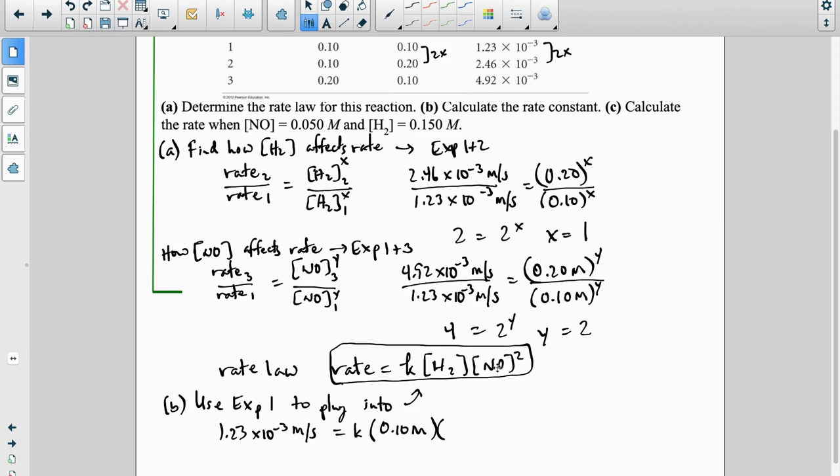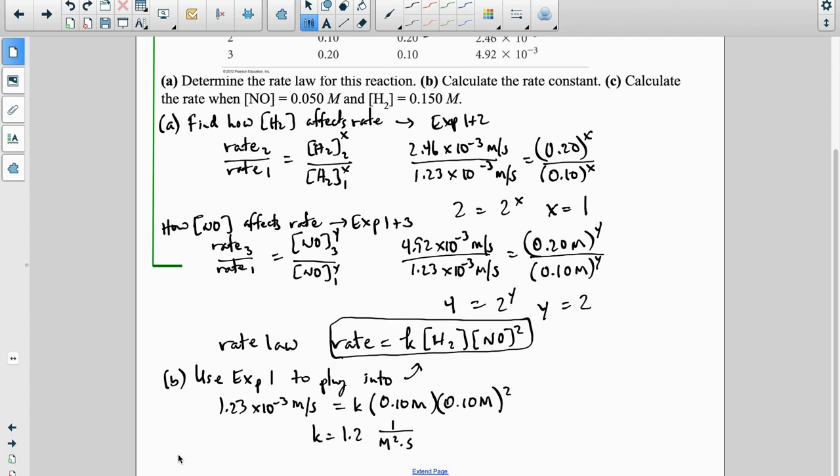And then my NO for experiment 1 is also 0.1 molar, but that's squared. And so when I solve for that, I will end up with k equals 1.21 over molarity squared times seconds. All right, so that's my rate constant in B.